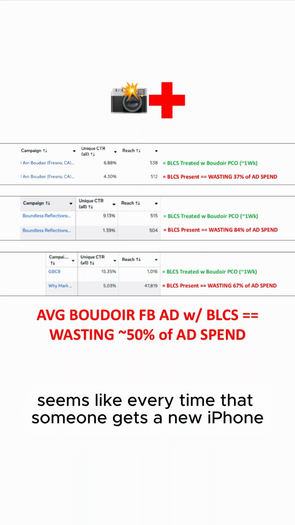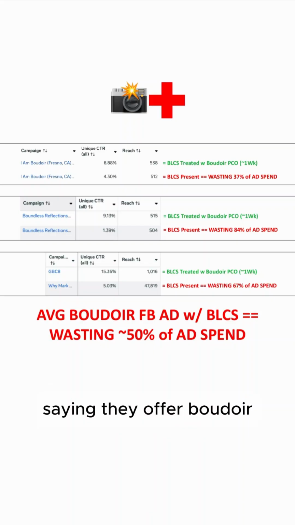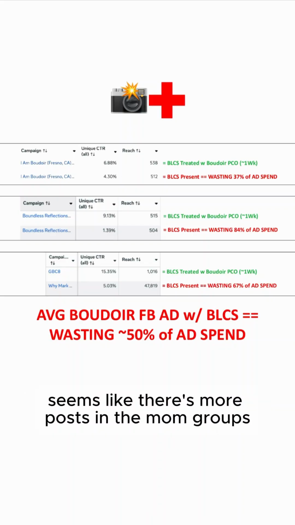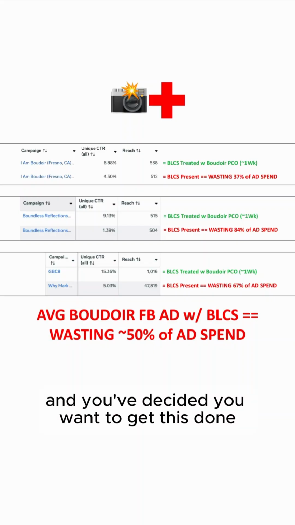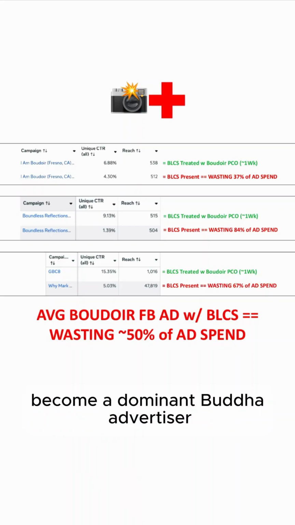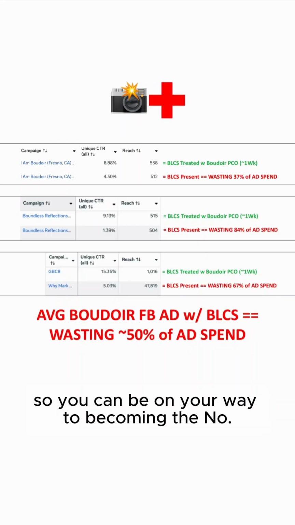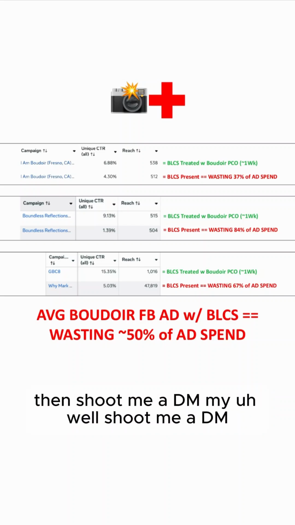Seems like every time that someone gets a new iPhone, a new Google Maps profile pops up saying they offer boudoir, or anytime someone gets a new camera, it seems like there's more posts in the mom groups offering boudoir shoots. And you've decided you want to get this done, you want to achieve pre-click alignment, become a dominant boudoir advertiser, achieve boudoir brand entry boost so you can be on your way to becoming the number one boudoir photographer in your city, then shoot me a DM.